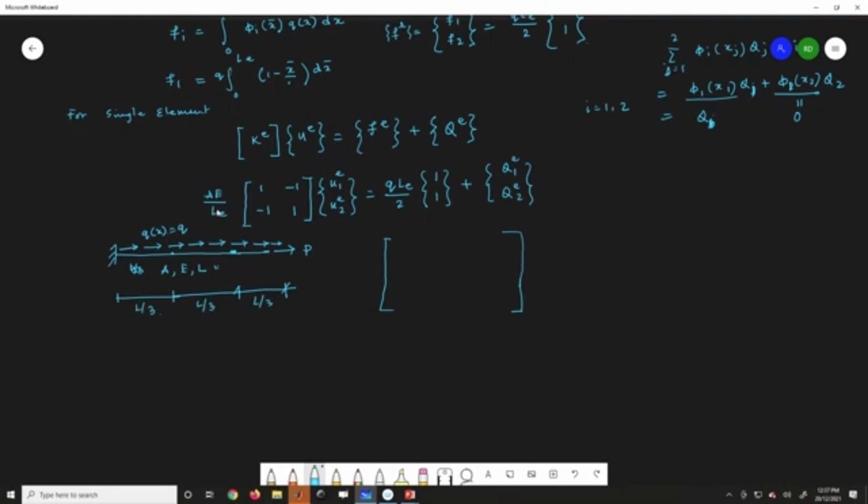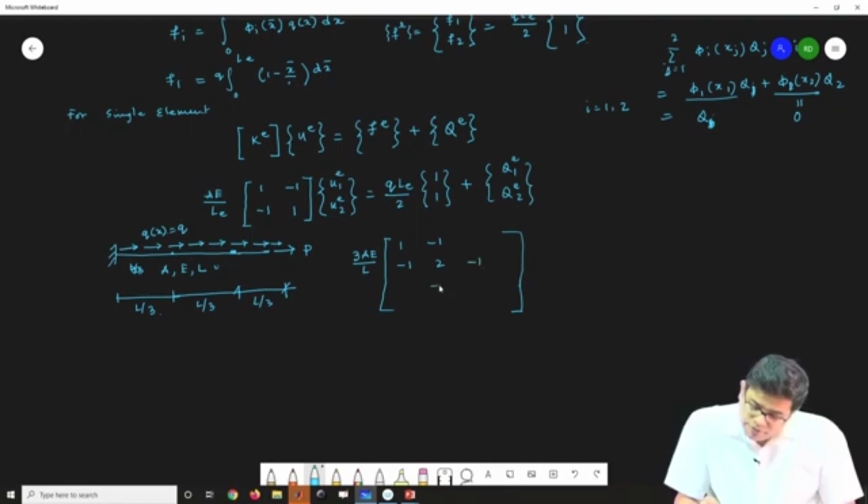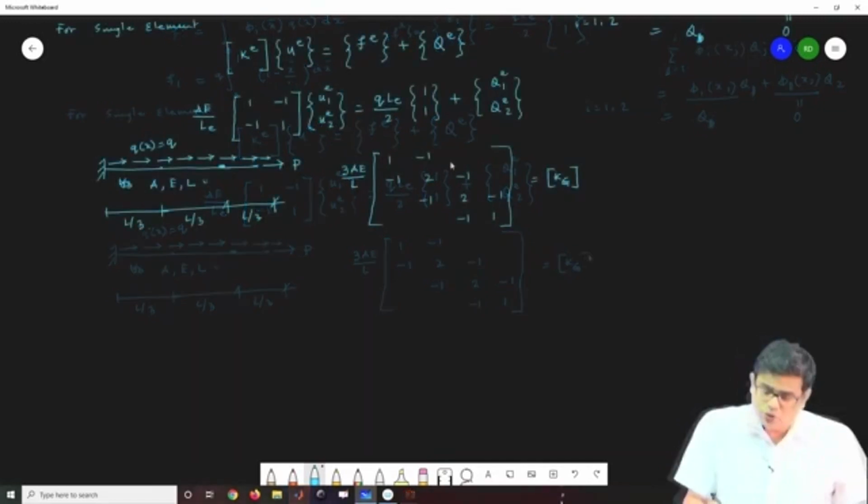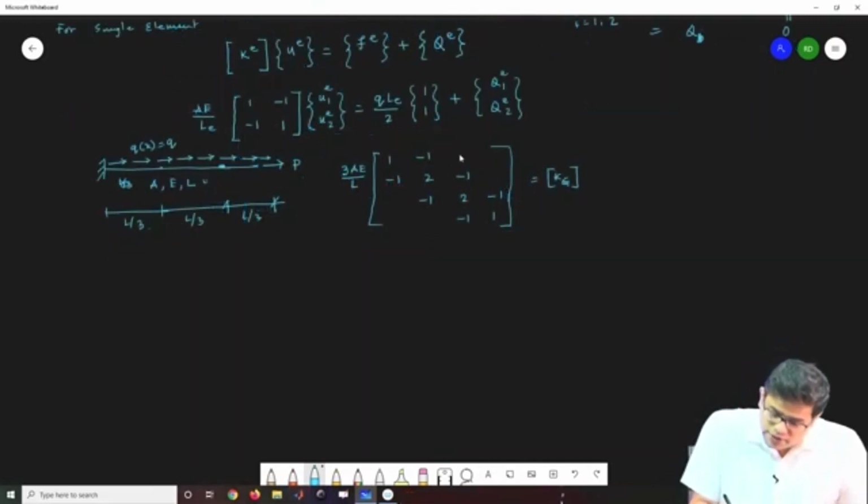Then my stiffness matrix will have a 3 come out, so I can just take 3 AE by L, then 1 minus 1, minus 1 2 minus 1, minus 1 2 minus 1, minus 1 1. So this is my global stiffness matrix.